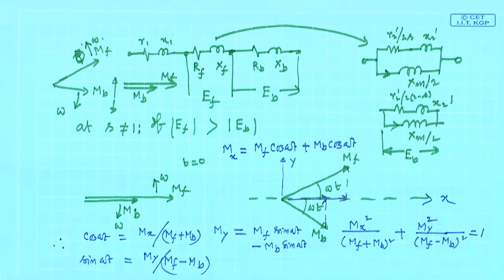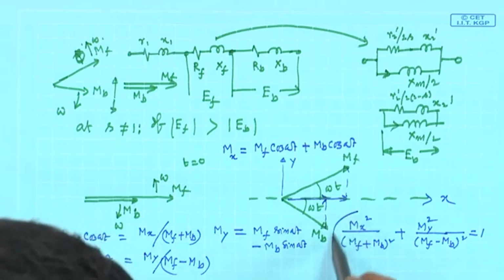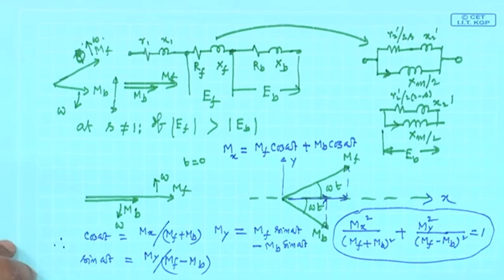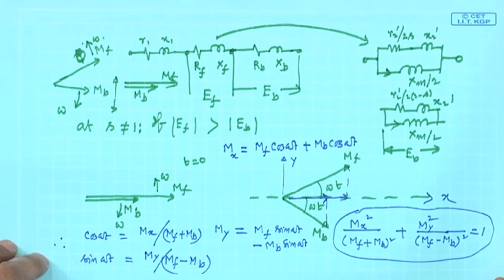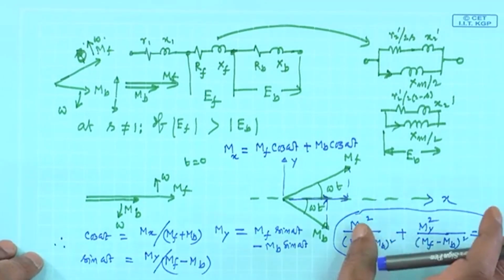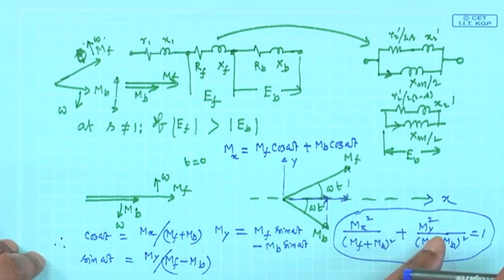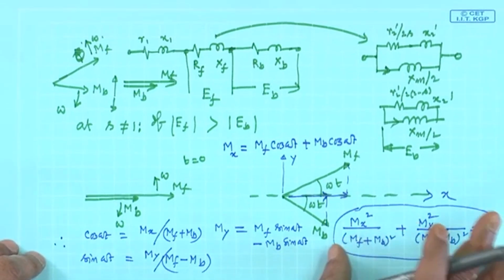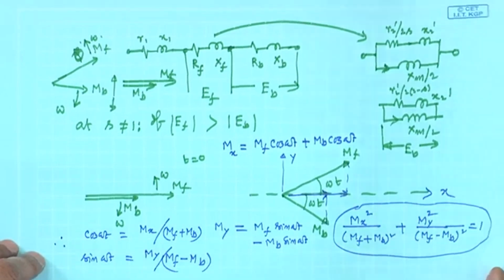You do cos square omega t plus sin square omega t, and this is the equation of an ellipse. The x coordinate of the resultant field is Mx, the y coordinate is My at any time t. Therefore, if you eliminate time you get this.